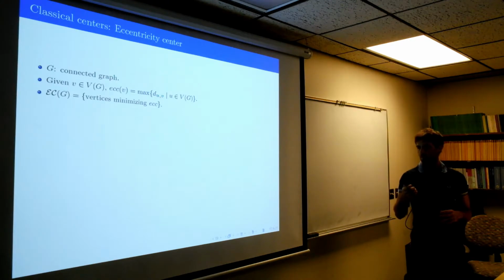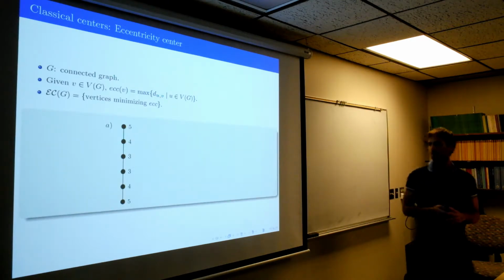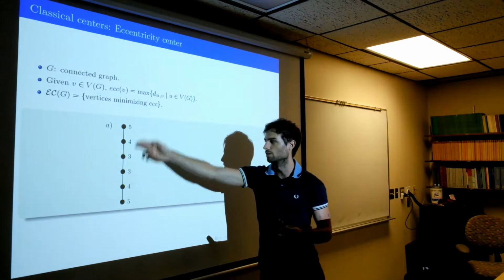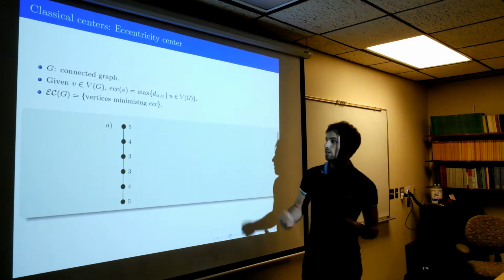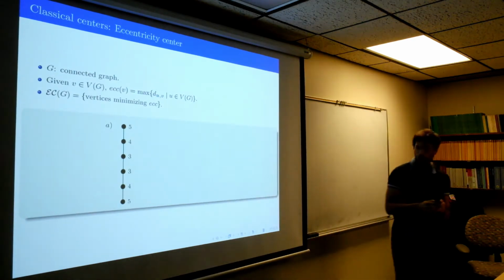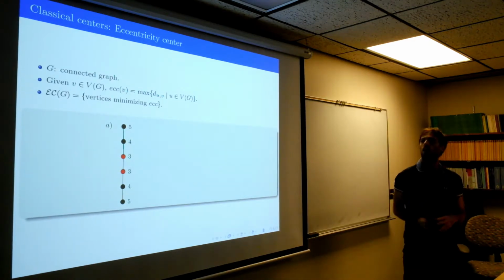Let's test this center on our example. For the path, we see that the eccentricity here is 5, right? Because in 5 steps, we can reach all the other vertices. Here it's 4, 3, then 3 again, 4 and 5. So our intuition was correct, or at least it agreed with this definition.